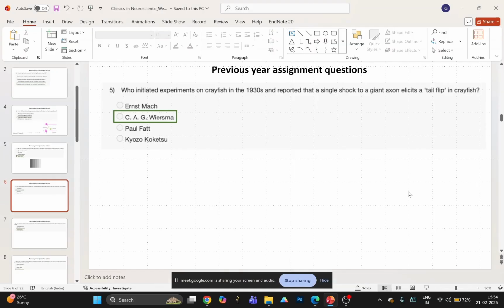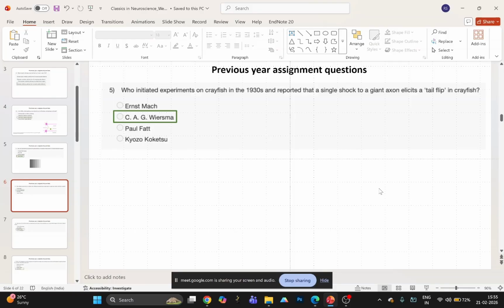So, such escape responses and such, these kind of things are evolutionarily important, right? Because it implies that there are certain hardwired circuits that are present, which are required for the survival of the organism, and those have come into place during the course of evolution to help the organism to survive.